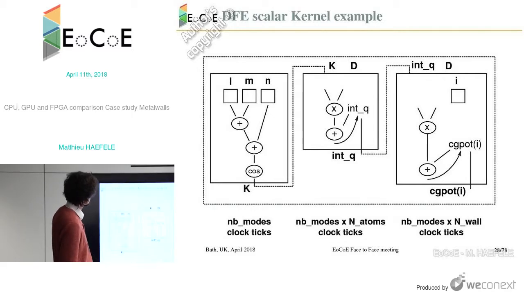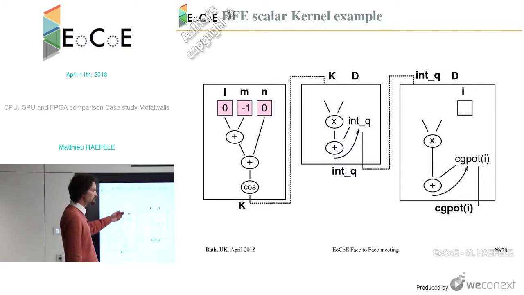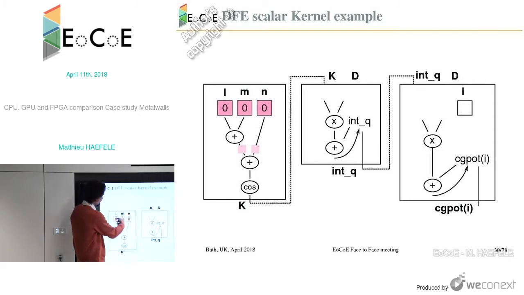Okay, let's animate. That's our first value of LMN. Next tick, first addition is done. Then you can start generating the next one. And then you go on.